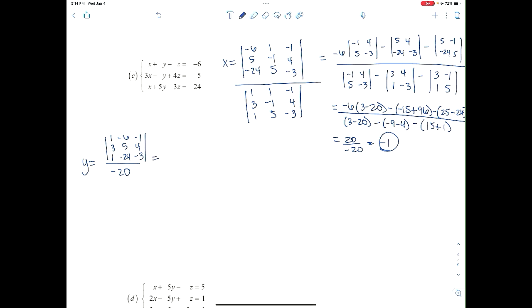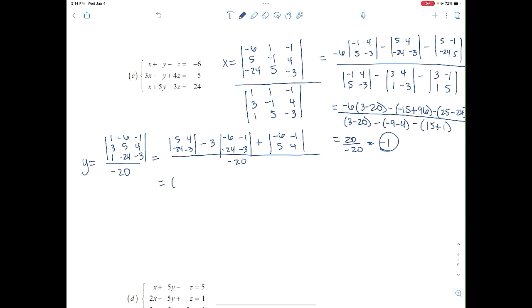This gives us the determinant of 1 times 5, 4, negative 24, negative 3, minus 3 times the determinant of negative 6, negative 1, negative 24, negative 3, plus 1 times the determinant of negative 6, negative 1, 5, and 4. It's all over negative 20.